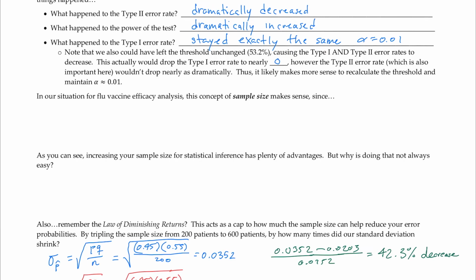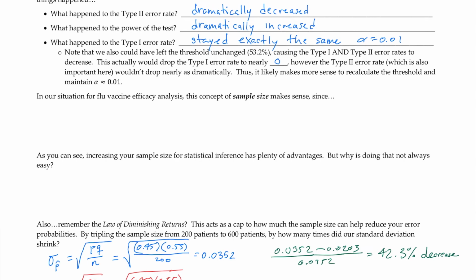You can continue to do this and ask, what if I went from 600 patients to tripling it again, 1,800 patients? And what if I tripled that? And what if I tripled that? As it turns out, you don't ever get down to a standard deviation that's close to zero. And so you end up trying to find more and more and more subjects for your sample.